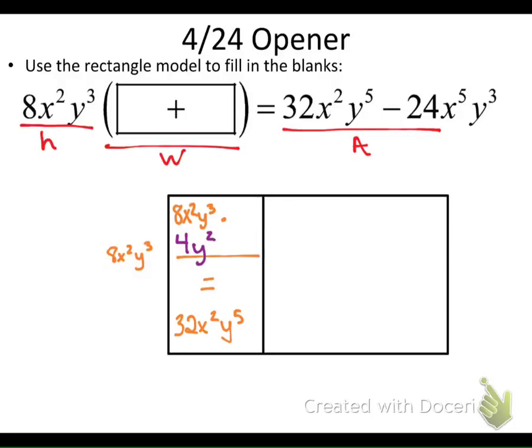So I have y squared. So if I take 8 times 4, I get 32. X squared with no x is x squared. And y cubed times y squared is y to the 5th. Very good. So I know that my first width is 4y squared.